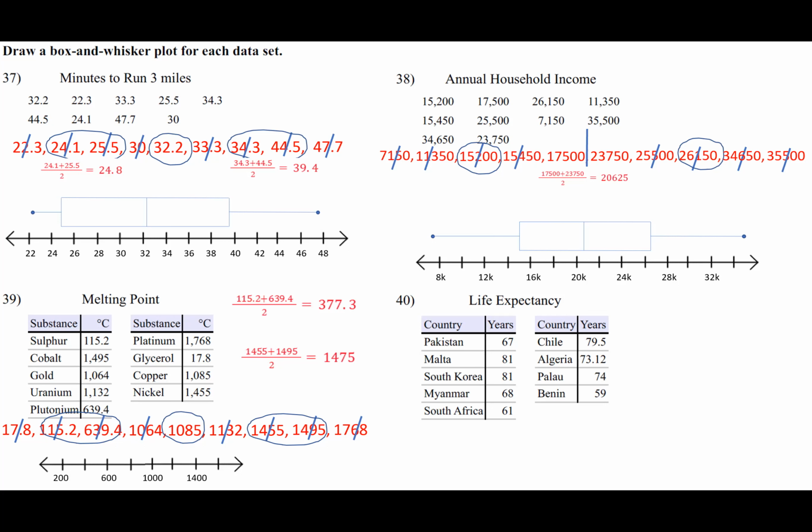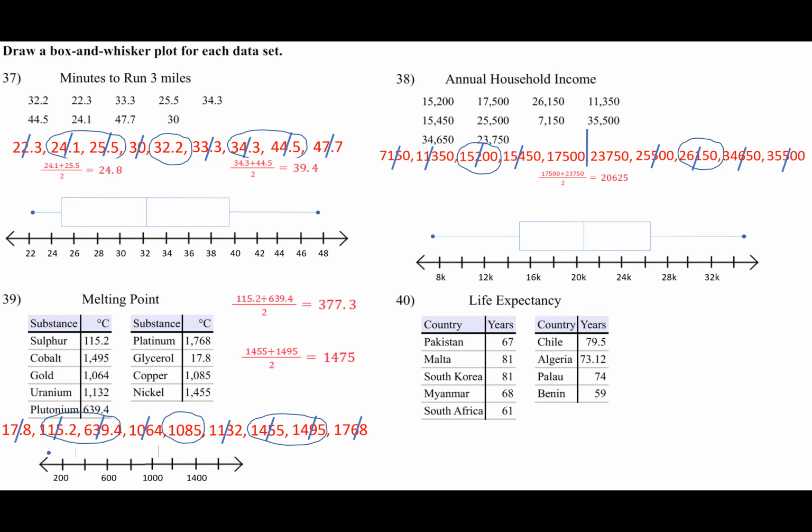Now let me do my number line. Each little space, I'm counting by 200s, so keep that in mind. My smallest number is 17.8. My lower quartile is 377.3. My median is 1,085.